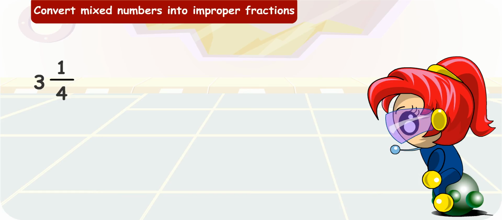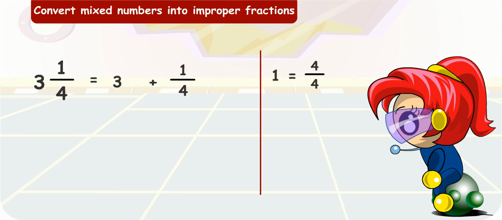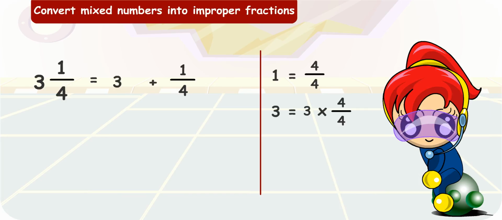In this mixed number, we have a whole number 3. 1 whole means 4 quarters. Therefore, 3 wholes means 3 times 4 quarters. This is the same as 3 times 4. So 3 wholes are equal to 12 quarters.